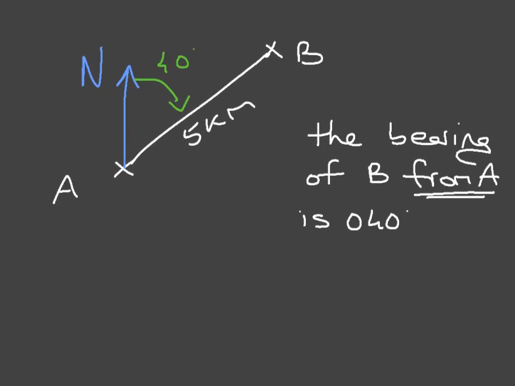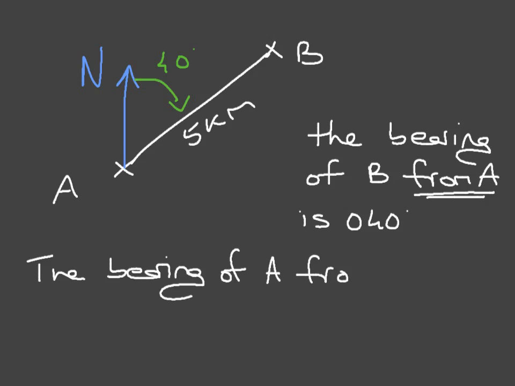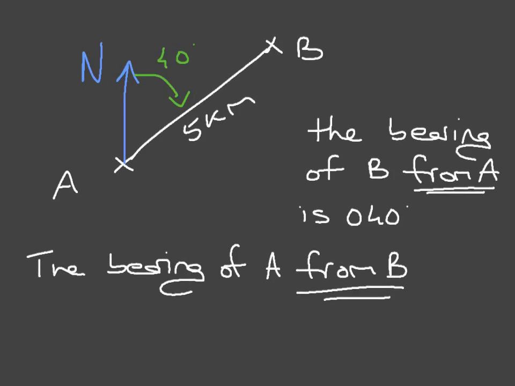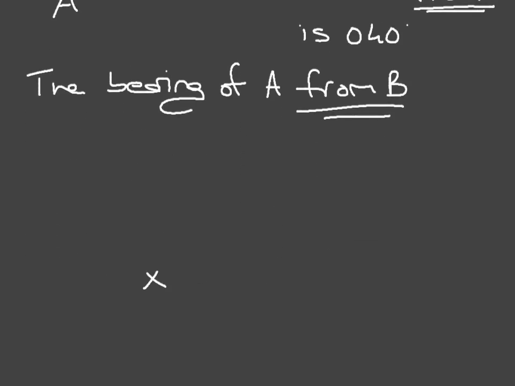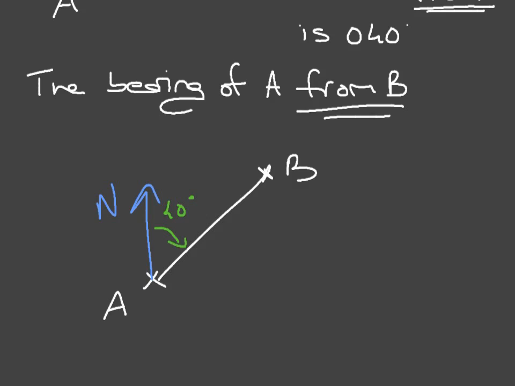But now, what if we're asked for the bearing of A from B? In other words, although this question may look very similar to what we've just shown, it's actually quite different. In this case, you have to imagine that we had our point A here, we've traveled to B. Now remember, the bearing of B from A was 40 degrees, that's north, and we had our 40 degrees here, clockwise. What is the bearing of point A from B?